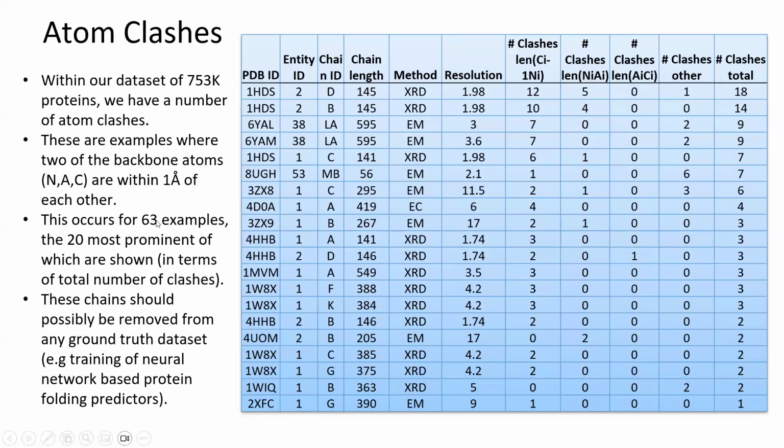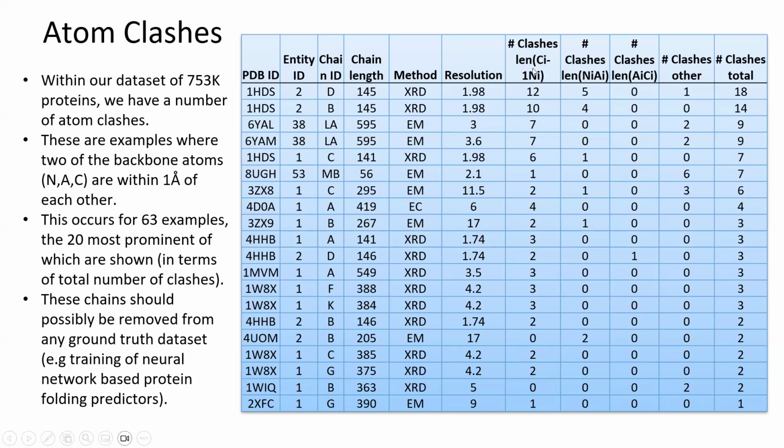So the first thing to focus on is atom clashes. As we defined previously, it's when two atoms within the backbone are within an angstrom of each other. These can occur between sequential atoms along the backbone, so we've defined these in this table as the number of clashes within that particular length.